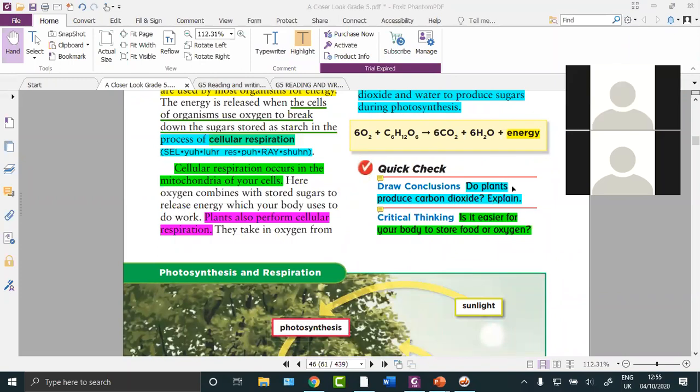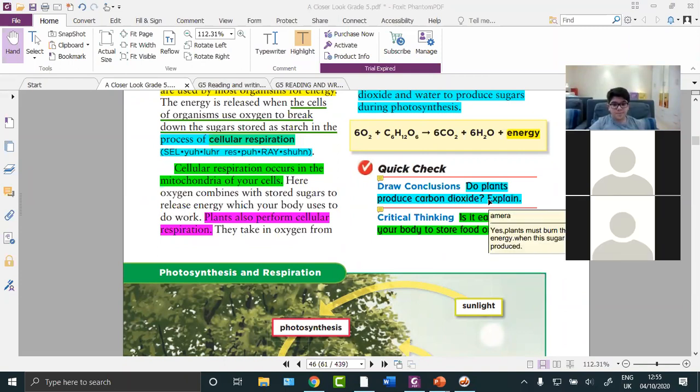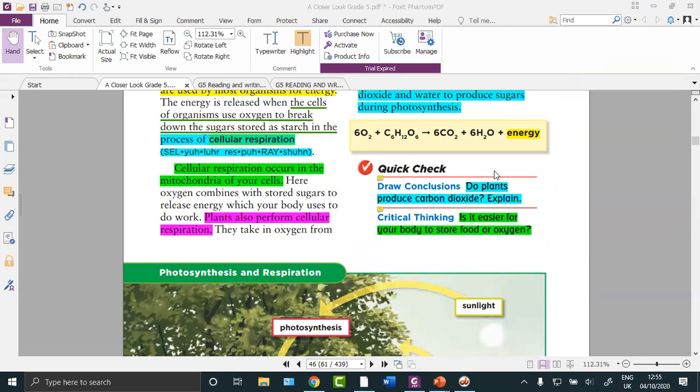Abdullah Ruwaili, read question number 1. Draw conclusions. Do plants produce carbon dioxide? Explain. Do you have an answer?